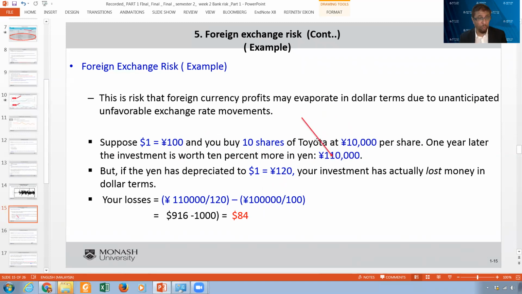But the bottom line, when you change it back to dollars, it's 110 over 120, the new rate, which makes it 0.916. So 0.916 minus your original investment of 1 gives you a loss. This is just a clear example of foreign exchange risk.